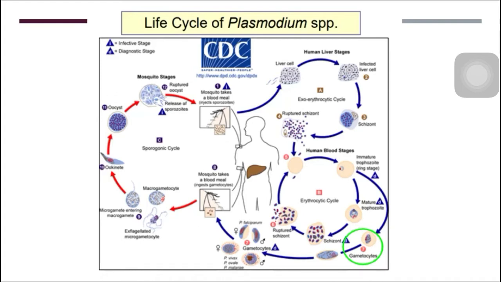Now, blood stage parasites are responsible for the clinical manifestation of the disease. The gametocytes, male microgametocytes and female macrogametocytes, are ingested by the Anopheles mosquito during a blood meal.